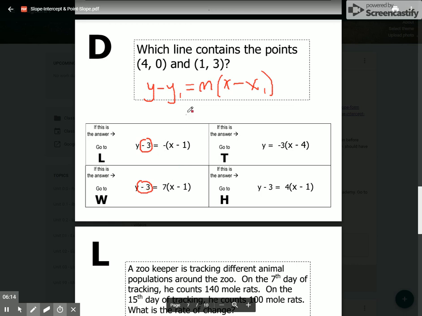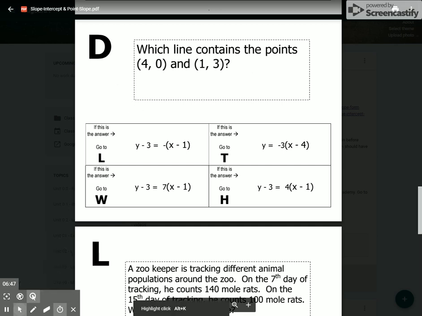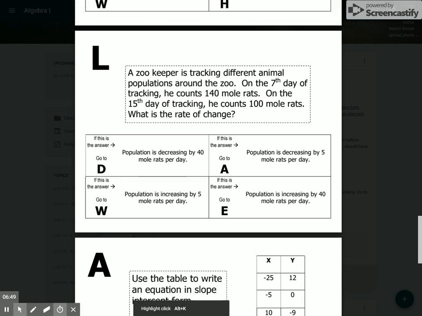We're subtracting 3, so if these are the correct choices, then this y1 would be 3. So that doesn't really help us a lot. You'll notice that in 3 of them we're subtracting 1, so 1 is our x1. But hopefully you've noticed by now that the slope is different on all of these. So find your change in y, your delta y, over your change in x, your delta x. Then you can get your slope, and that should narrow it down for you.